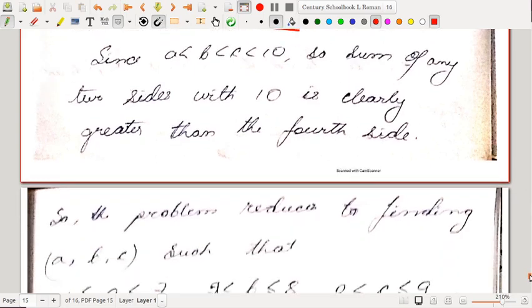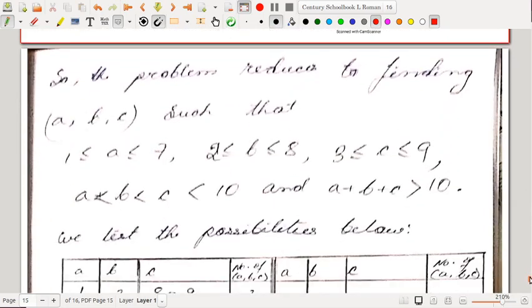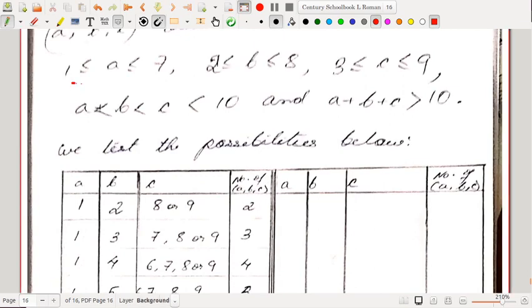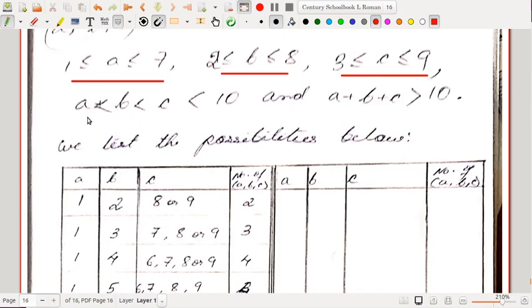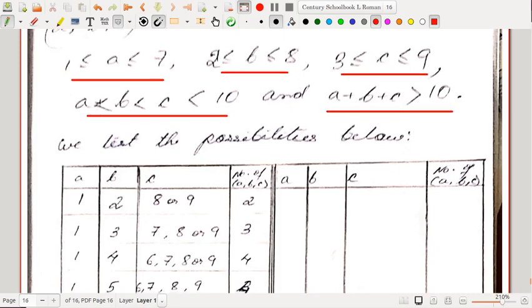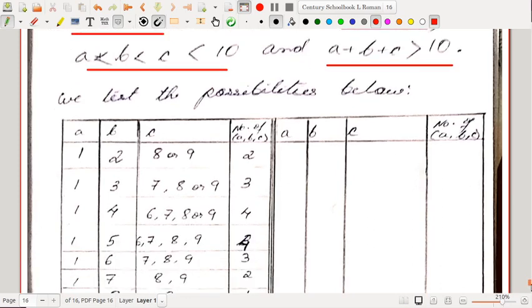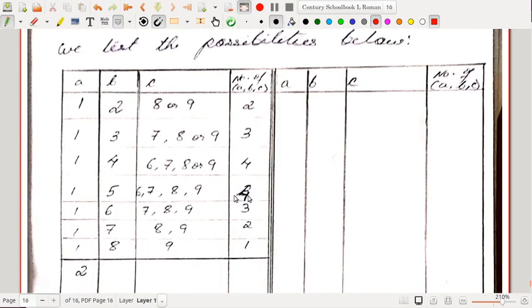A plus B plus C should be greater than 10. So the problem reduces to finding A, B, C such that A lies between 1 and 7, B lies between 2 and 8, C lies between 3 and 9, they satisfy the strict inequality, and the sum A plus B plus C is greater than 10. So we can list the possibilities below. Here again you have to go through the listing process.